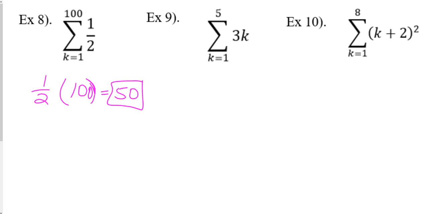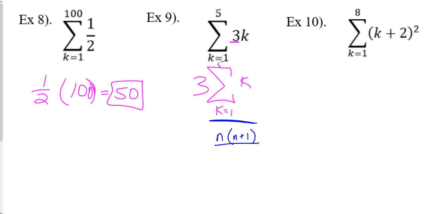For example 9, first thing I see here is that we have a 3 multiplying it. So I'm going to change this to 3 times the summation k equals 1 to 5 of k. For this part here, we're going to use the shortcut formula of n times n plus 1 all over 2.